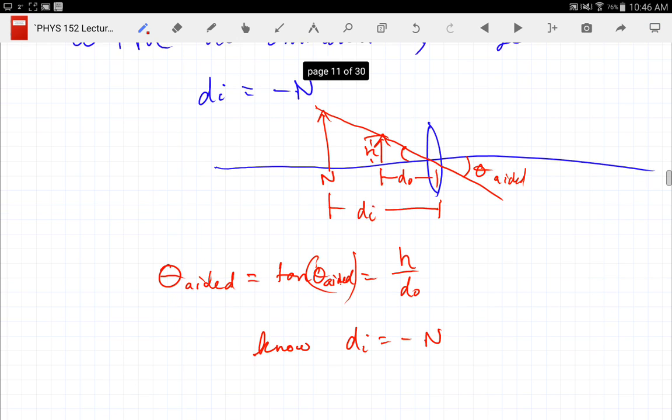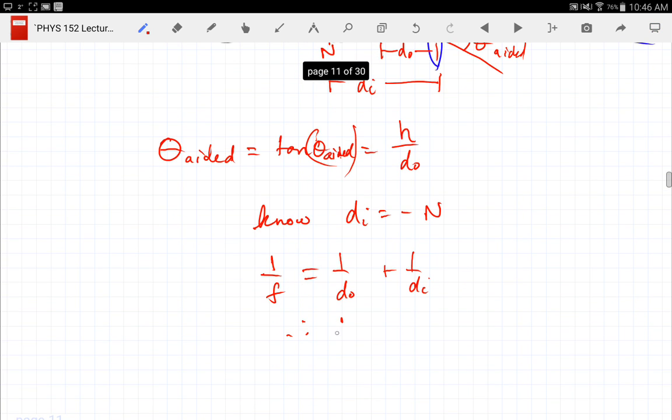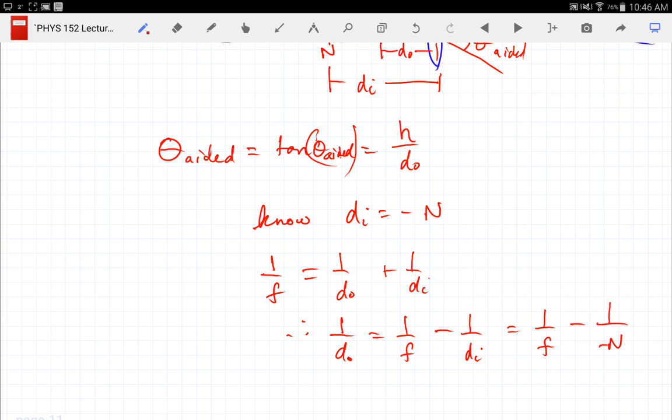So let's use the thin lens equation. 1 over focal length is equal to 1 over distance object plus 1 over distance image. So solving that for 1 over distance object, 1 over distance object is 1 over f minus 1 over negative n.